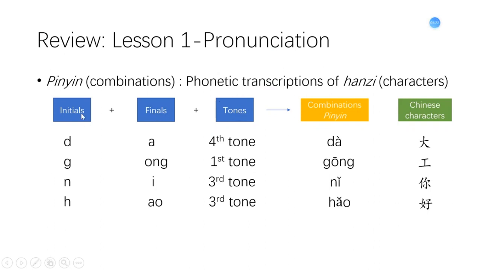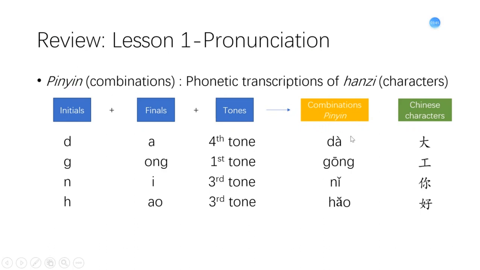And we learned there are 3 parts in a Pinyin, right? A Pinyin as a whole can be divided into 3 smaller parts. And each part is initial, final, and tones, right? And together they make a combination.